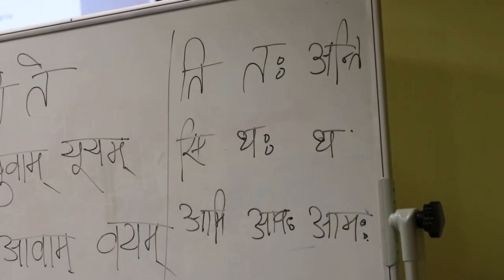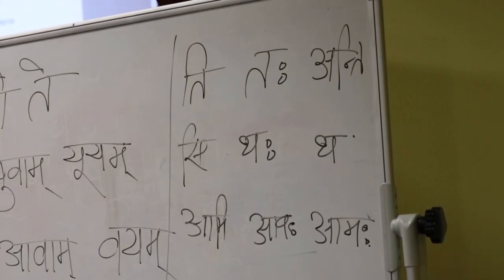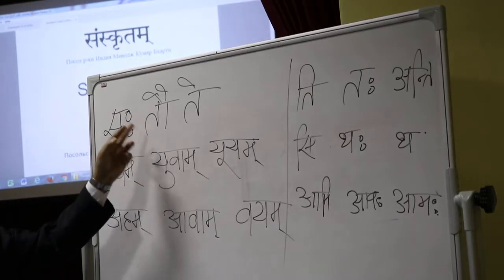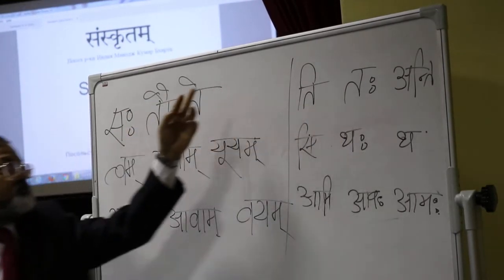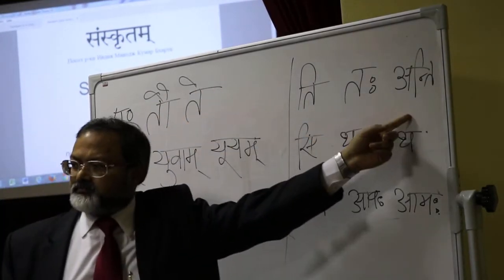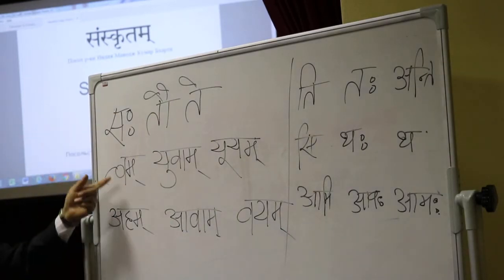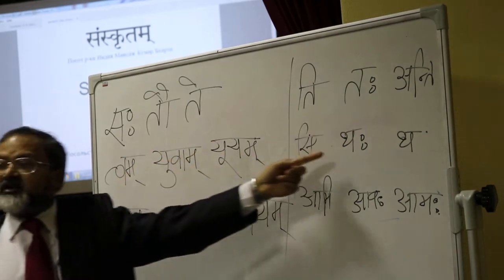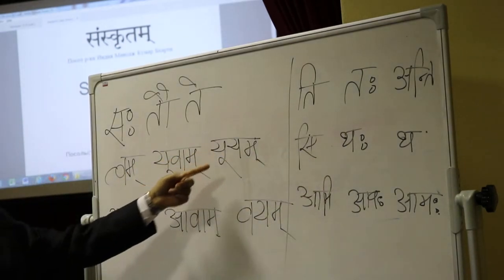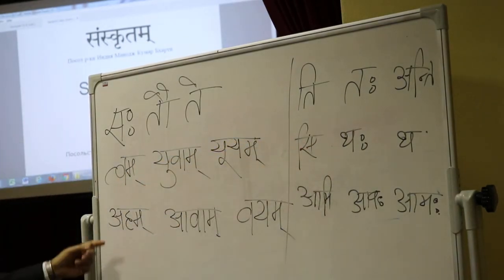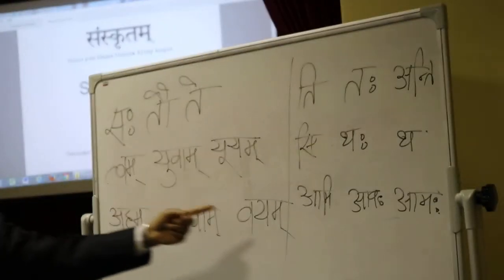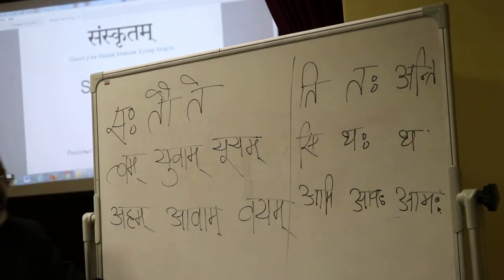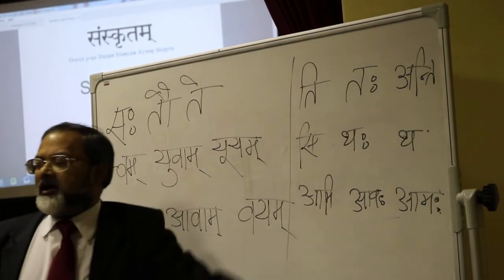Okay? So, if the dhatu is patha, then we say sah pathati, tau pathatah, te pathanti, tvam pathasi, you are reading, yuvam pathathah, yuyam pathatha, aham pathami, avam pathavah, and vayam pathamah.